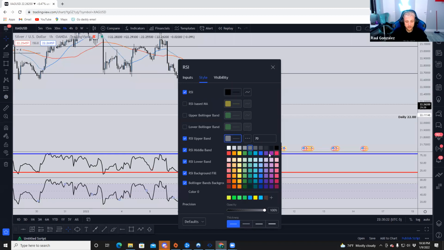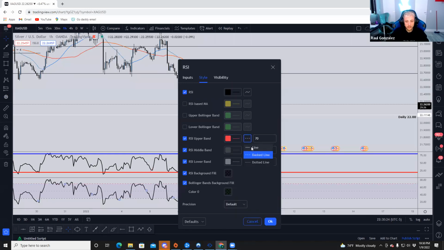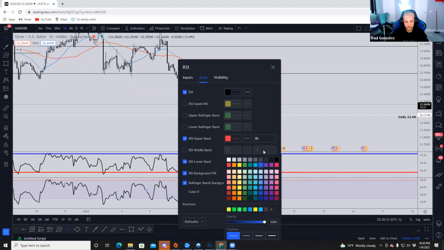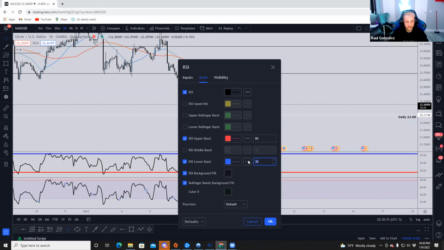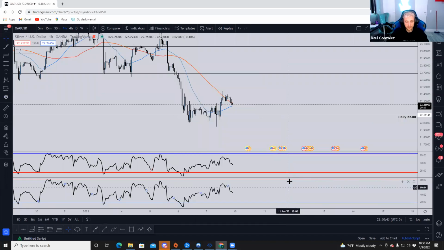Upper RSI band, we're going to make this red, a solid line, and we're also going to put 80. Then the RSI middle band, we're going to remove that. RSI lower band, we're going to put blue, and make this 20. RSI fill background, you don't need that. Let's also make this a solid line. And then we have just about the same.